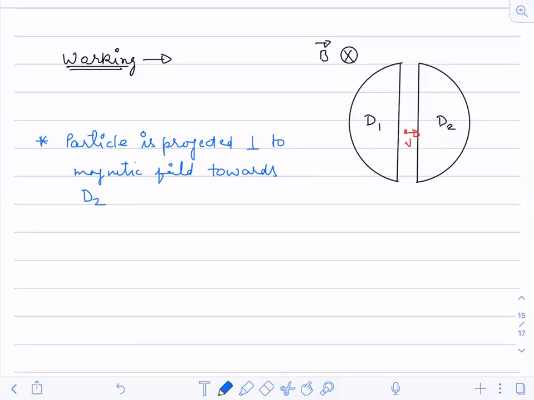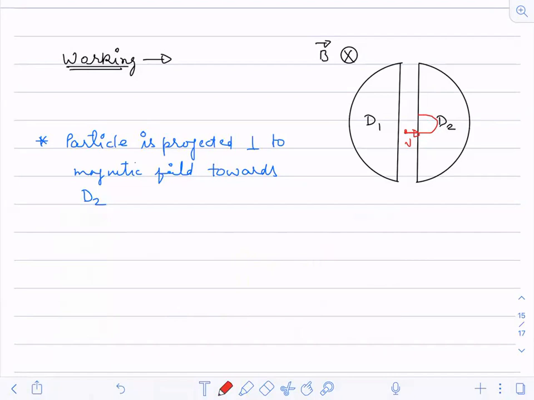Yesterday, what did you understand? Helical path will be at 90 degree or at any random angle? It will move in a circular path, 90 degree circular path. You people are not studying. One more person has written helical.